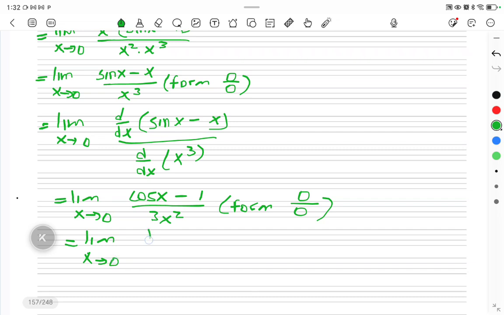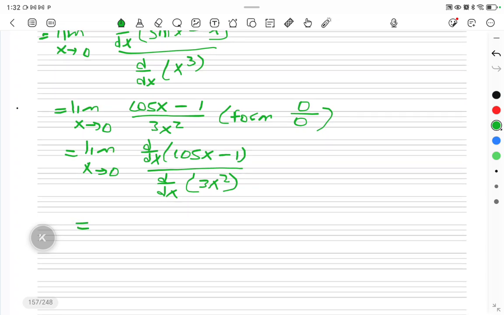So this is the derivative. You must always show that you are deriving, right? Minus 1 all over d over dx of 3x squared. And this is the limit as x approaches 0 of minus sine x over 6x. If I check the form again, the form is 0 over 0.